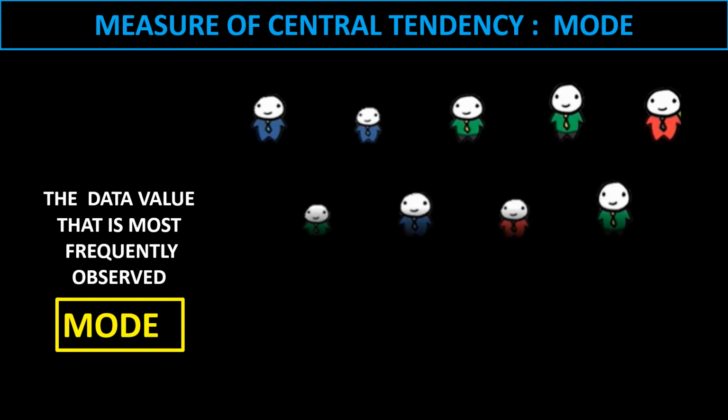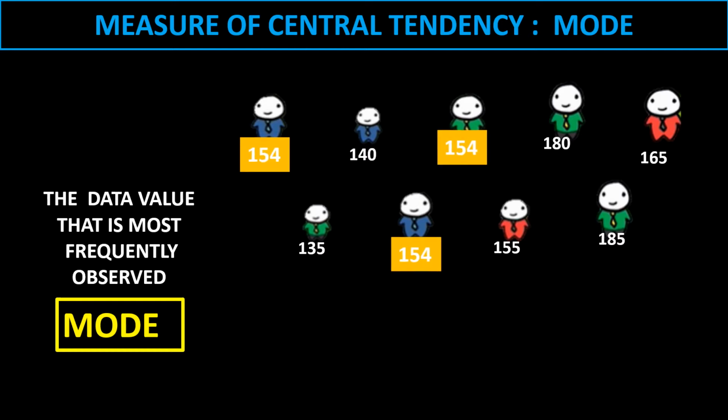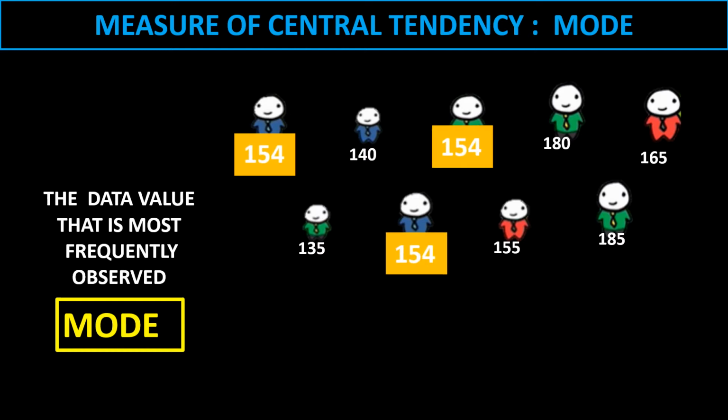For example, let's say we have 9 individuals, and we have the record of their heights, given in centimeters. So there we have the heights of the 9 individuals. What do you observe there? We observe that 154 is the height that seems to be the most common, and that is the mode.